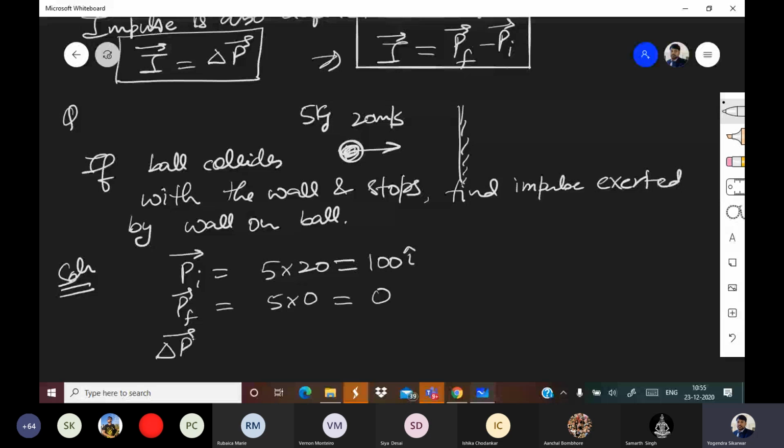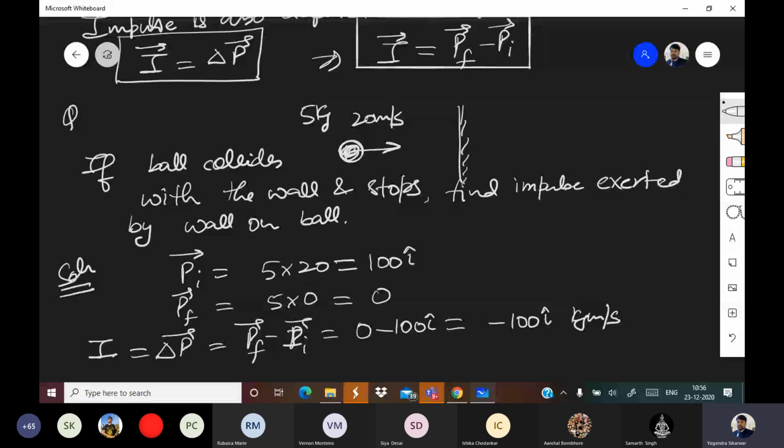So delta P vector is equal to P final minus P initial, 0 minus 100 I, and that will be minus 100 I kg meters per second. All right, and that is equal to impulse, because I is equal to delta P. No, sign is fine. If you have given the answer with proper magnitude, I am okay with it. Your answer is considered as correct.